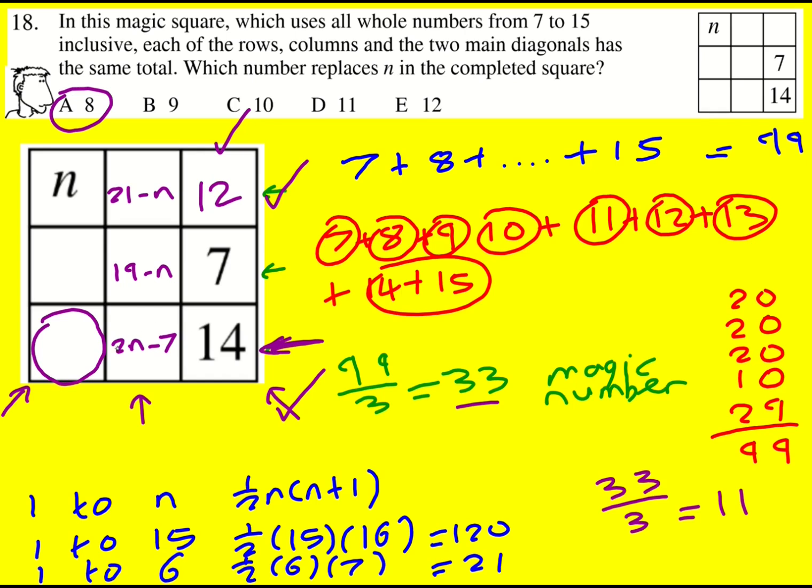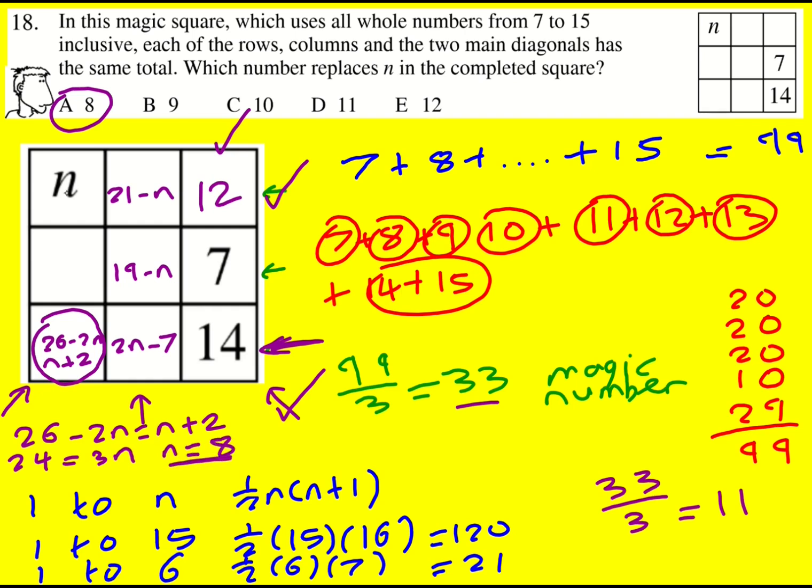So 7 plus 2n, I could write 26 minus 2n, or using the diagonal, I've got 31 minus n, so I can write n plus 2. And it must be that these two are equal to one another. 26 minus 2n equals n plus 2, therefore 24 equals 3n, n is equal to 8.